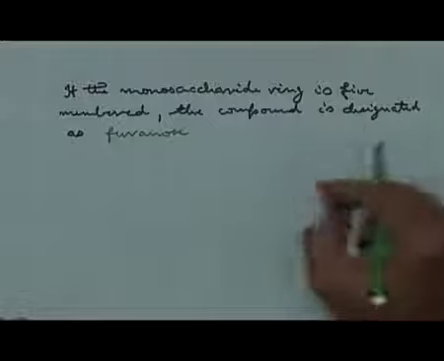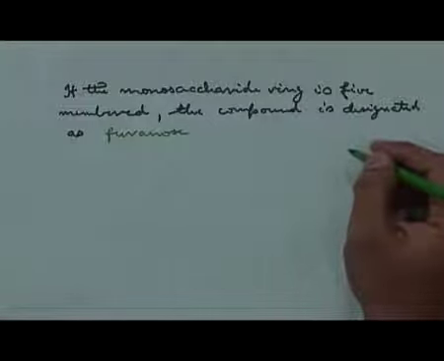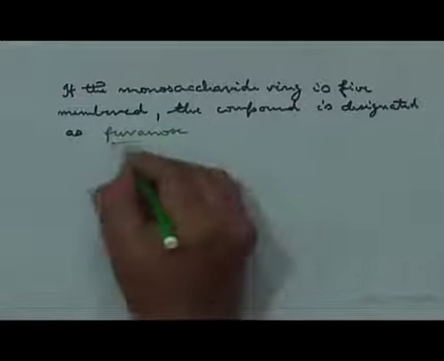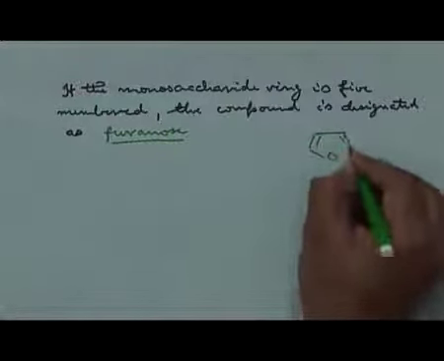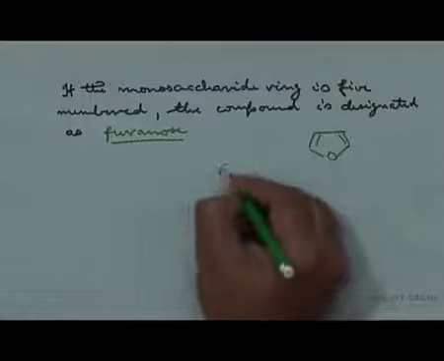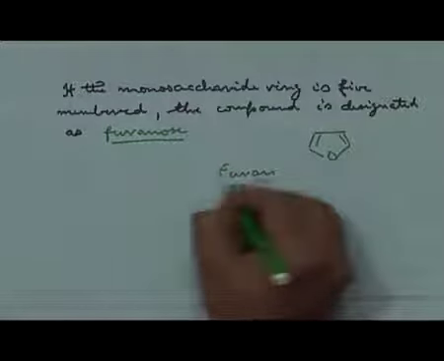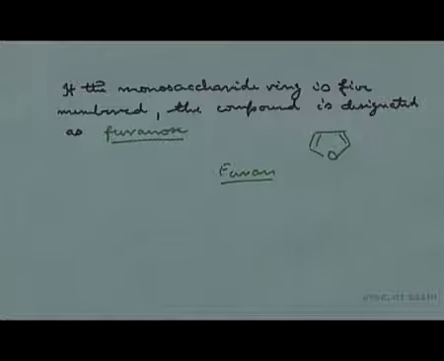I am talking about the cyclic acetal formation. So, this is the structure of furan, and that is why the cyclic structure is called furanose.